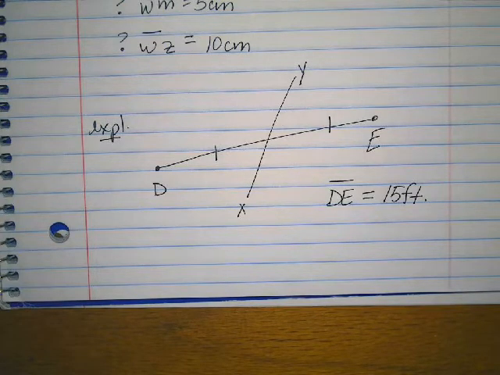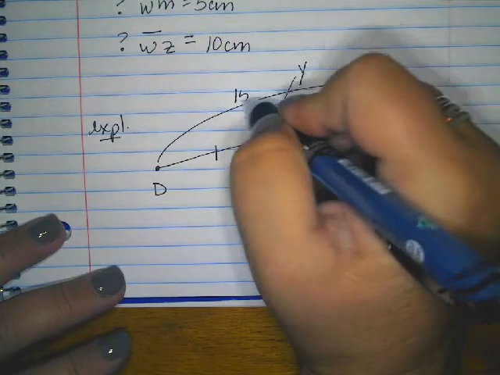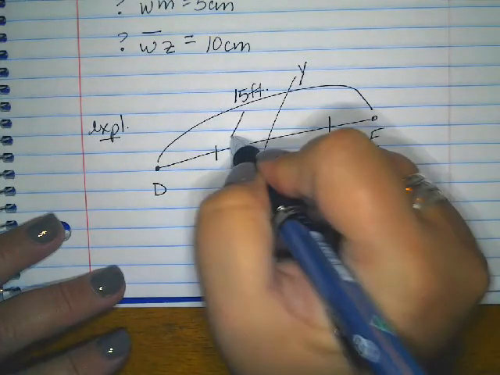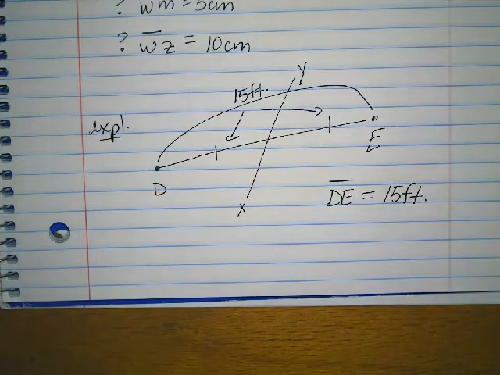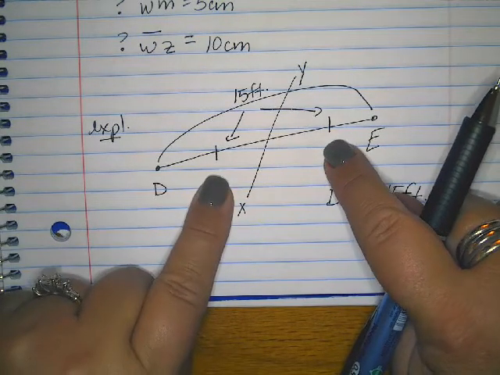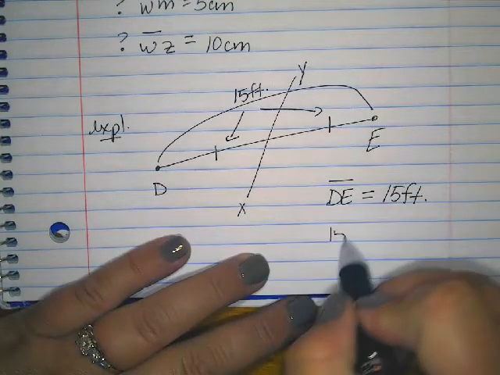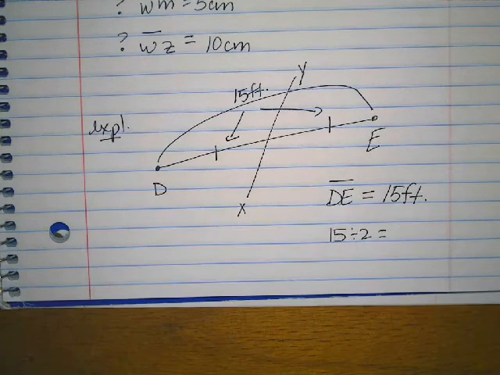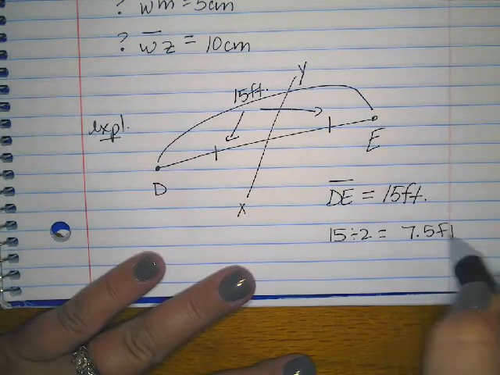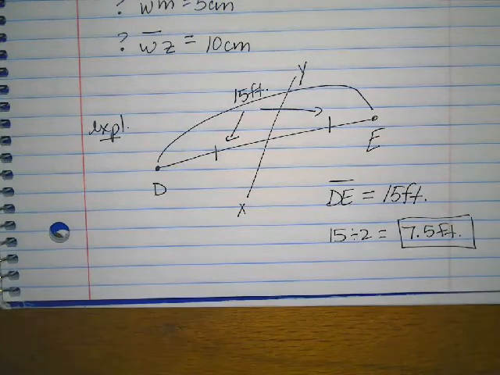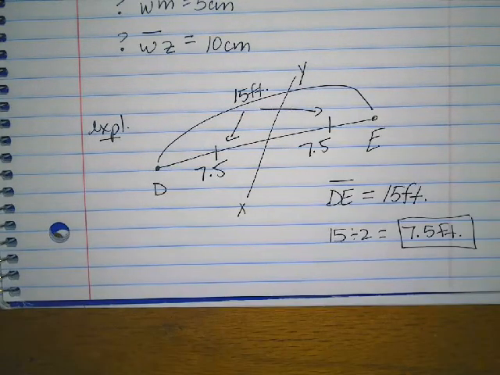If I know that DE is equal to 15 feet, so the whole thing is 15 feet, what is that going to tell me about these two pieces? Well, again, they have to be the same. It's bisecting it, so it's chopping it in half. So I'd have to take 15 divided by 2. I'd chop it in half, and I would get 7.5. So if I want to know this side, or this side, I know that they're the same.